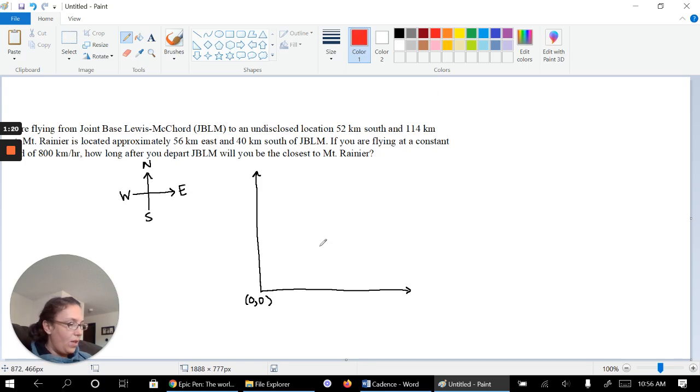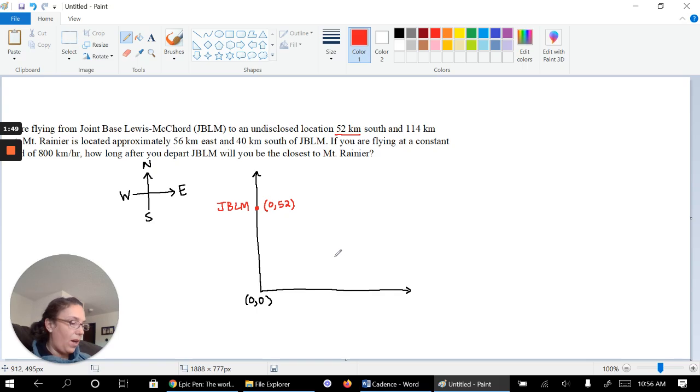So if I'm flying to an undisclosed location that's 52 kilometers south, then if I say that 0, 0 is 52 kilometers south of something, then that something would be up here at the point 0, 52, right? And we're going to call that JBLM.